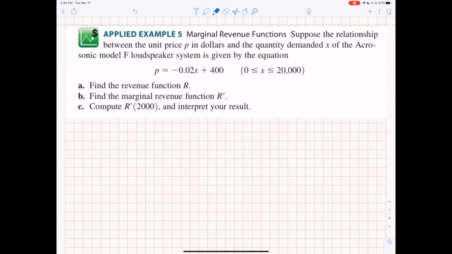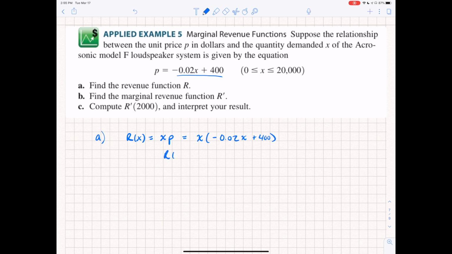Okay, so first thing I need to do is find the revenue function. Now remember the revenue function, as we just defined, is X times P, or P times X. P here is given by this function. So this will be X times negative 0.02X plus 400.